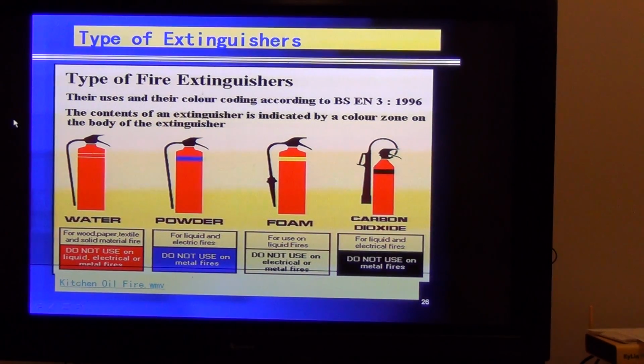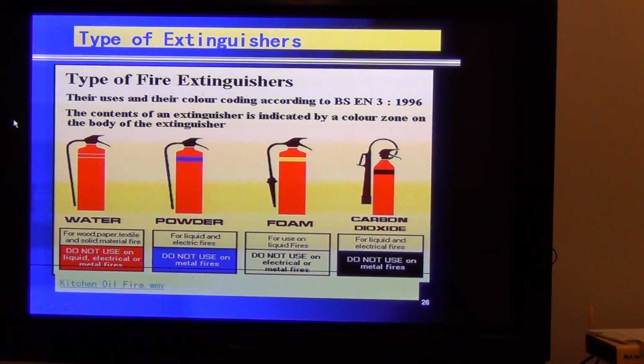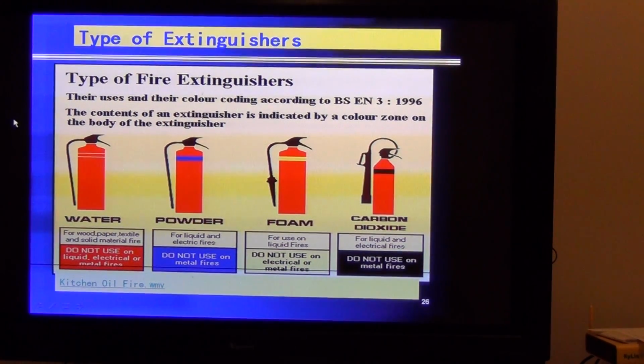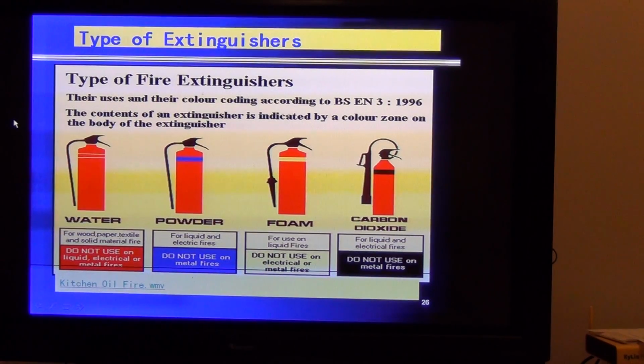So even though we classify it into four different classifications, more and more we will use so-called ABC extinguishers. It means one extinguisher can be used to fight fire for classes A, B, and C. Okay?